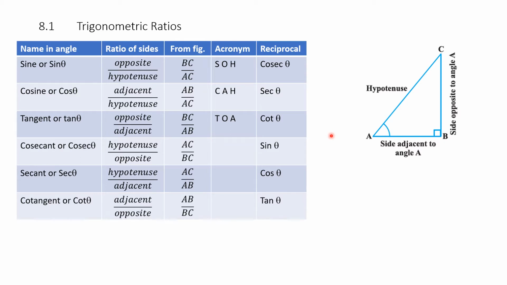The angle A, as I said earlier, can be expressed in terms of ratios of sides. Trigonometry is the study of the relationship between the angle and the side. The angle is measured in terms of degrees and the sides are generally measured in length.